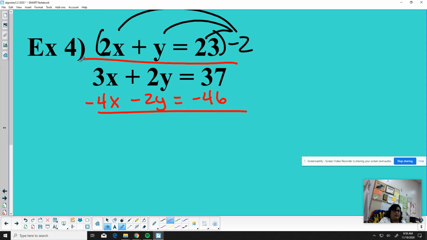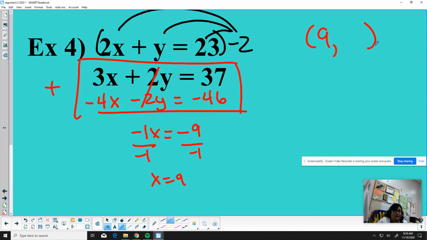So I'm combining these two. The top one I turned into this one, and the second one. So the y's cancel, and remember I'm adding them, so this is negative 1x, and then negative 46 and 37, I think it's negative 9, but let's make sure. Yeah, it's negative 9. And then we divide by negative 1, so x is 9.